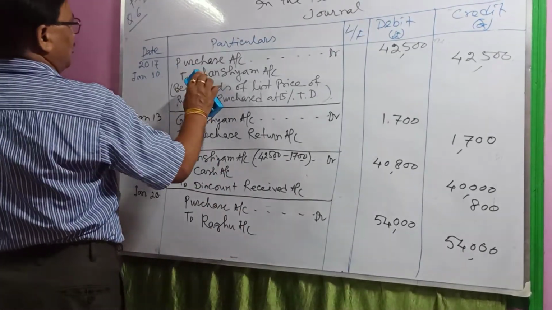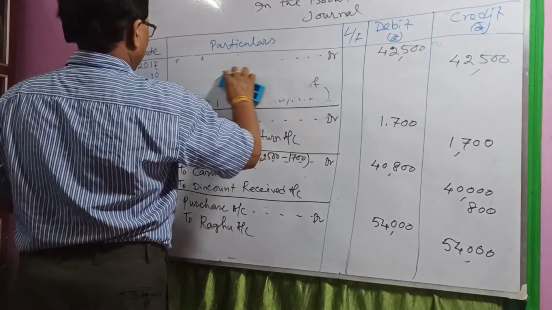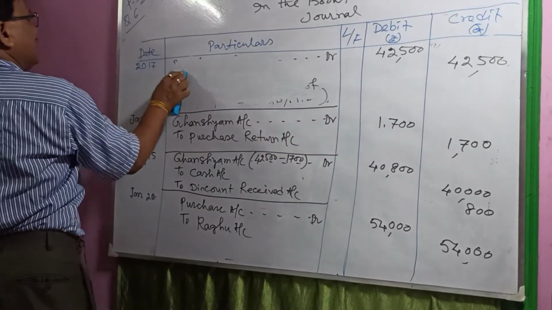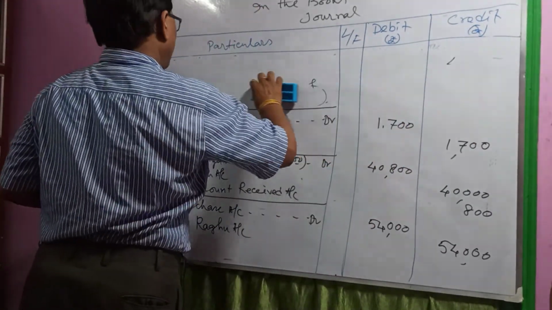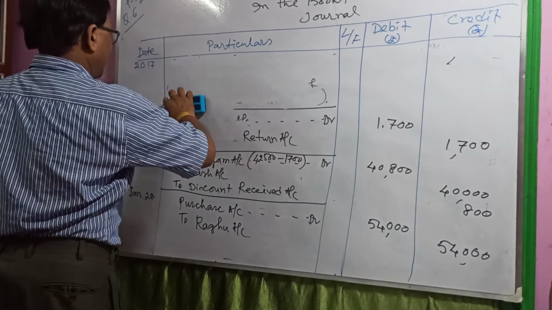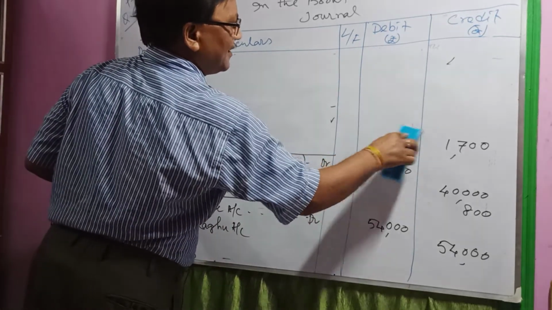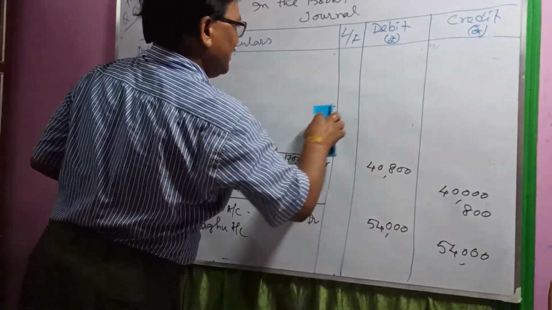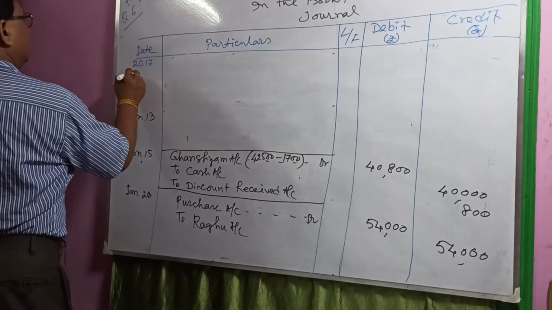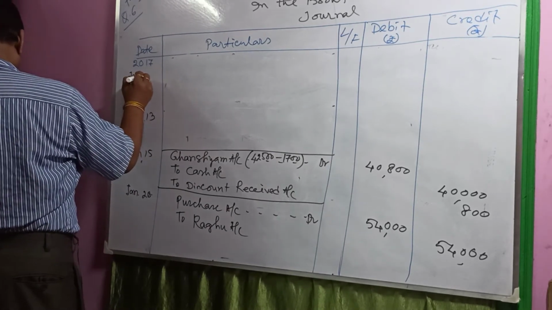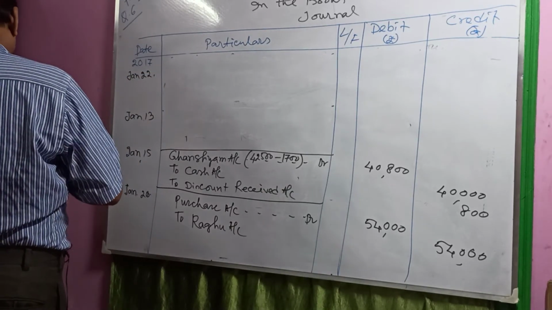Return goods to Raghu. Return goods to Raghu, that is January 22, of the list price of rupees 5,000.